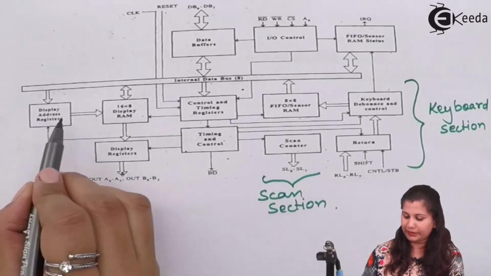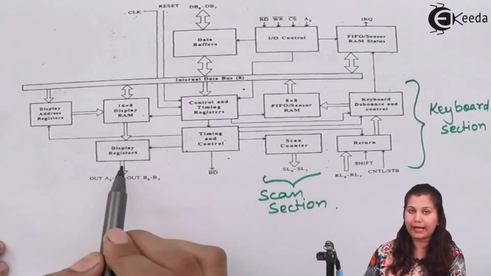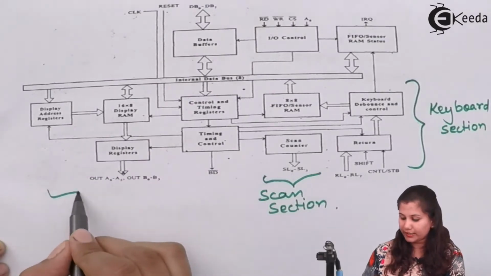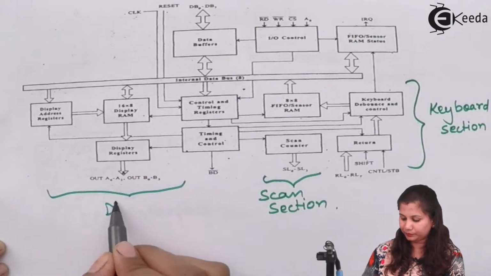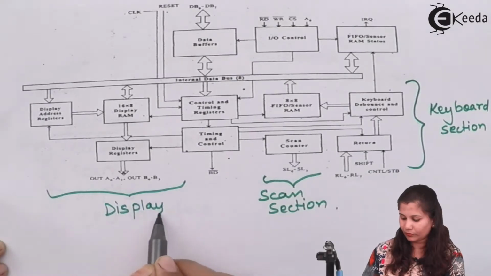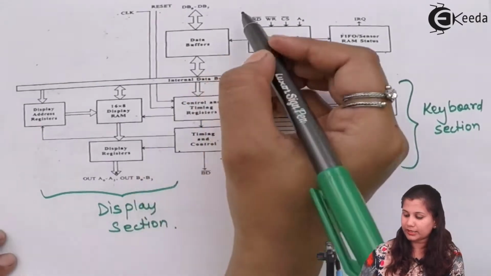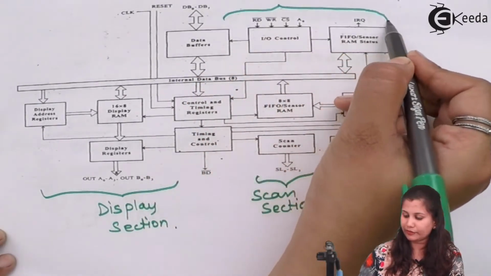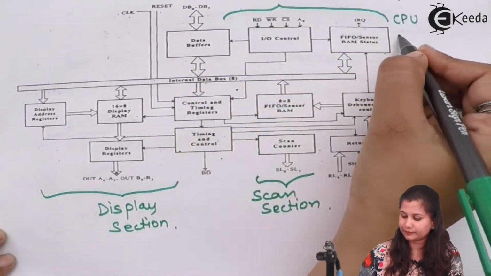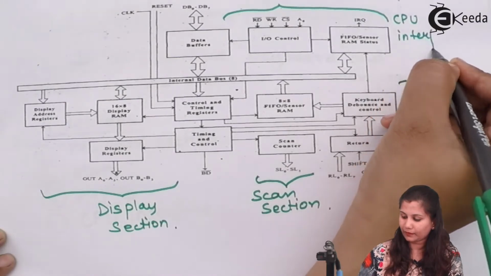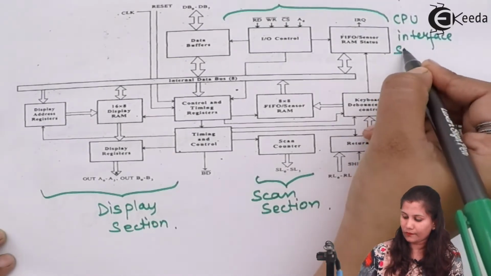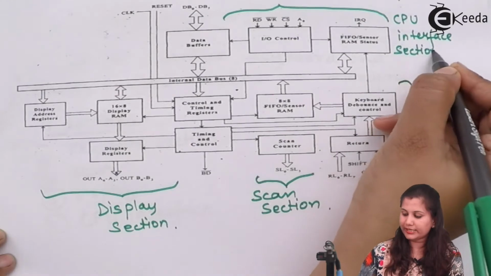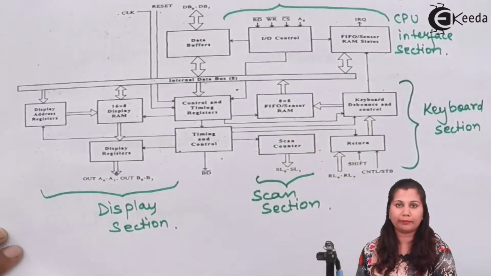Here we have the display address registers and display RAM, display registers. So this is the display section. And then this is our CPU interface section. So let us study these four sections one by one.